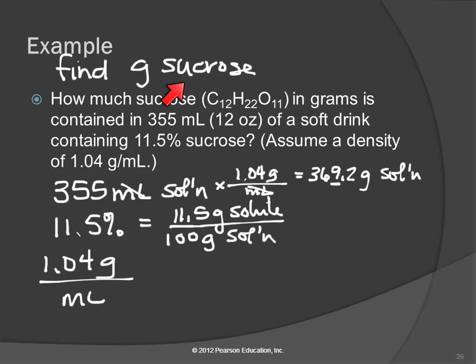So now I've got the mass of the solution, and I've got this relationship. The sucrose is the solute, right? It's what's dissolved in the solution. So how do we get the grams of sucrose? We subtract.